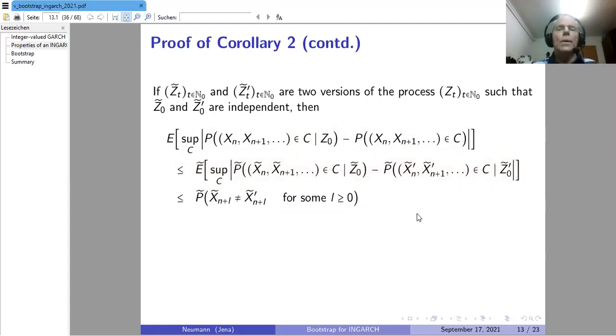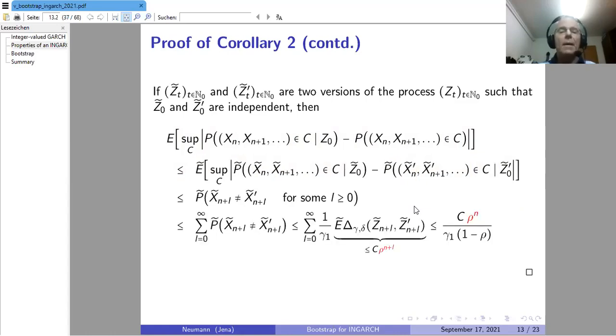Okay, so this supremum can be upper estimated by the probability that there will be any difference between the xn tildes and the corresponding xn tilde primes. And this is how we get our upper estimate. Here we have to sum up these probabilities. We can estimate this in this way.